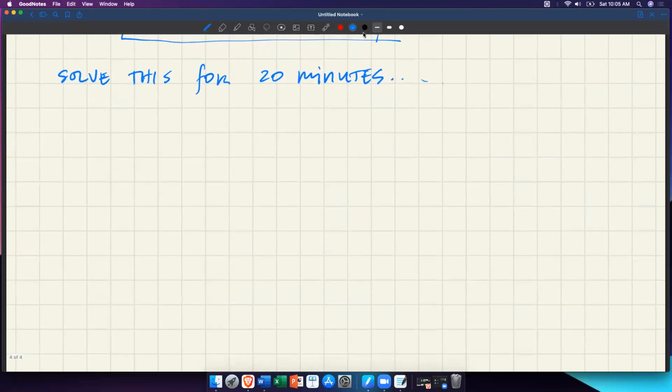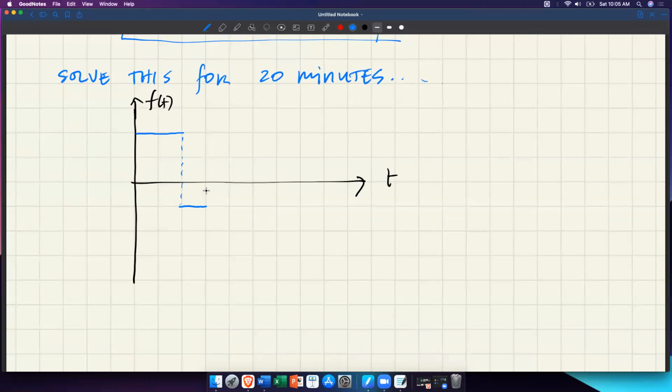I will give you the function here. Okay, this is a periodic function. Let me label it first. This is from 0 to 1. This is from the previous example. I want you to find the Laplace transform of this periodic function.